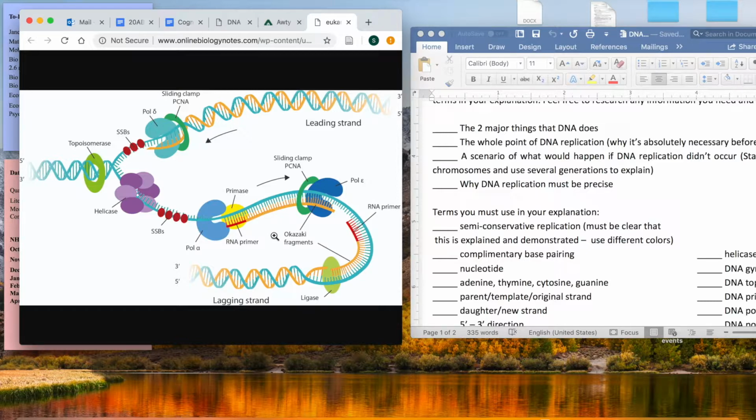And nitrogenous bases are nucleic acids; there are 4 main ones in DNA: guanine, adenine, cytosine, and thymine.